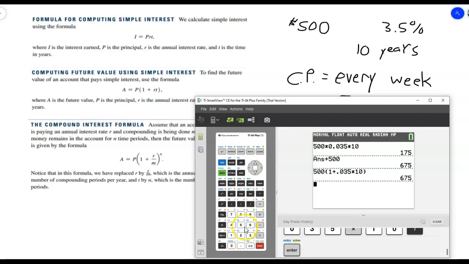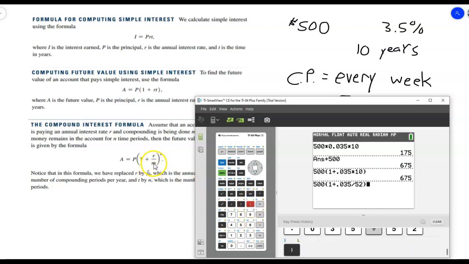So we're going to do the 500, open parentheses, 1 plus my rate, which we already said was 0.035, divided by the number of compounding periods per year. So that is, in our case, 52.